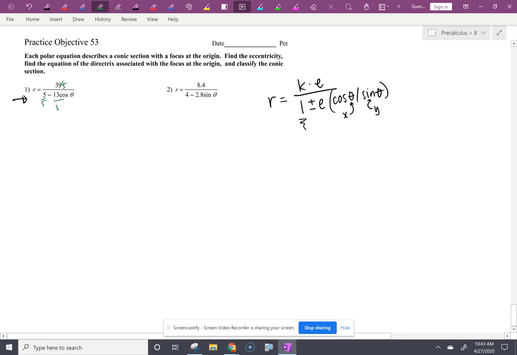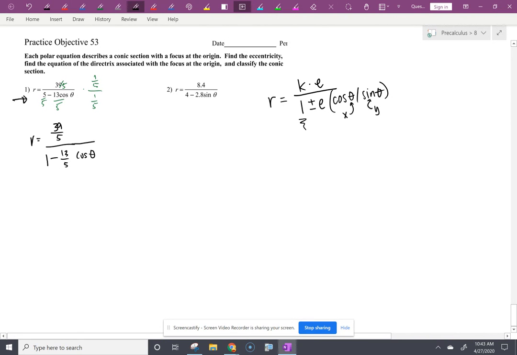Why is that legal? Because really, you're multiplying by 1/5 on the top and bottom. And when you multiply by 1/5 on the top and the bottom, you're multiplying by 1, and you haven't changed anything. So if I do that, I get r equals 39/5 over 1 minus 13/5 cosine of theta.